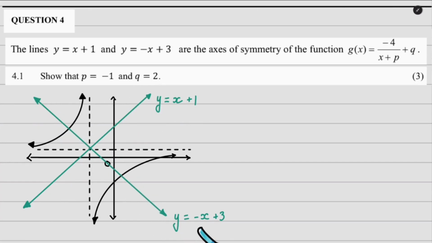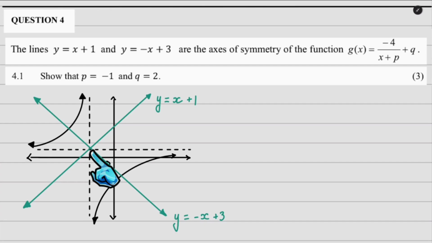And the one with a negative gradient, you see the negative in front of x, is the one that runs downhill. So p and q are representative of the asymptotes of the hyperbola. P will be the one that goes up and down, and q is the one that goes left and right. So to get those, I need to find this point over here.